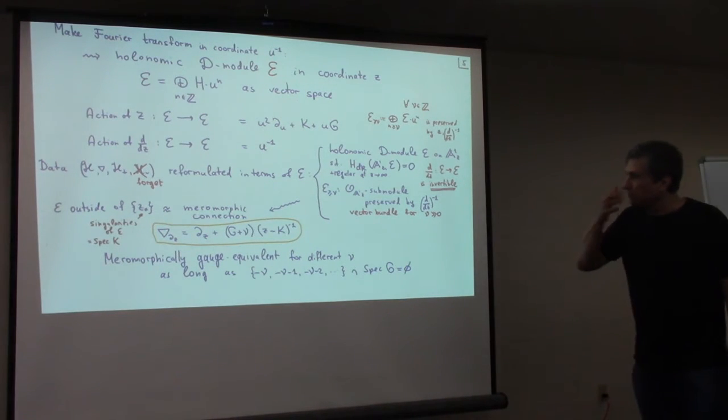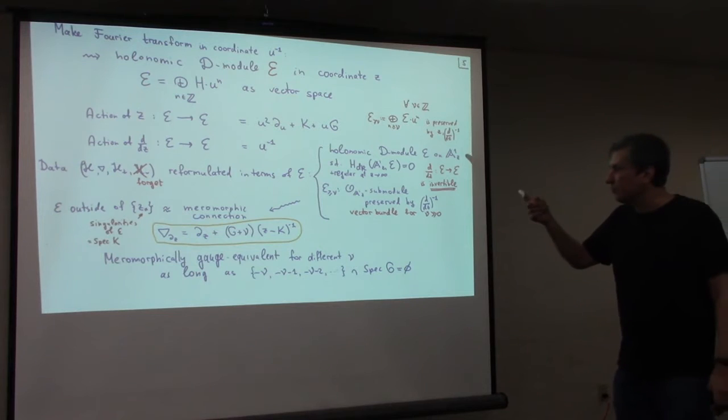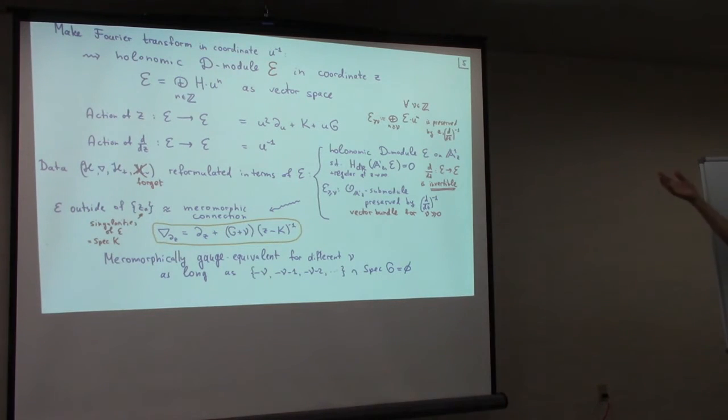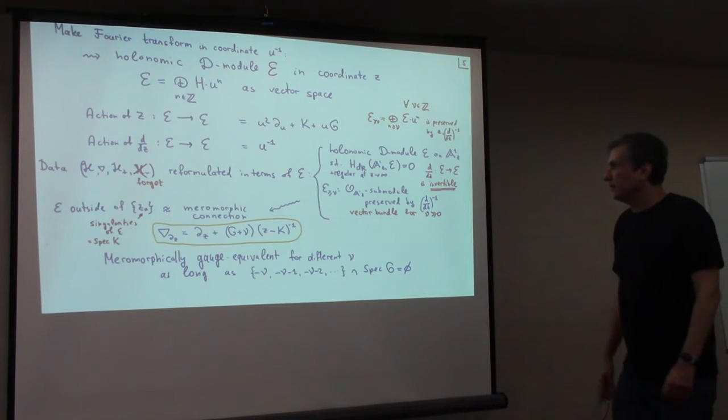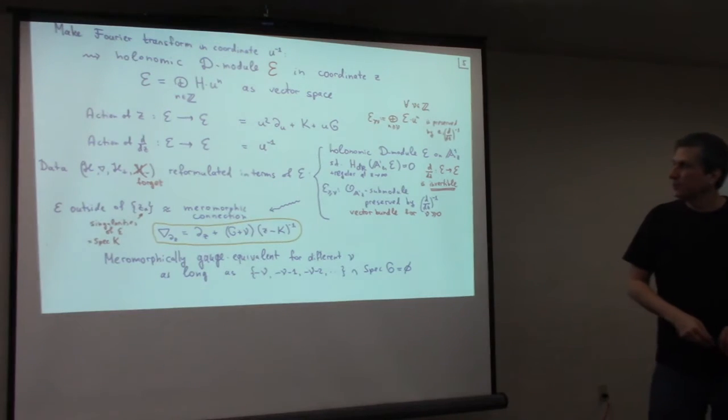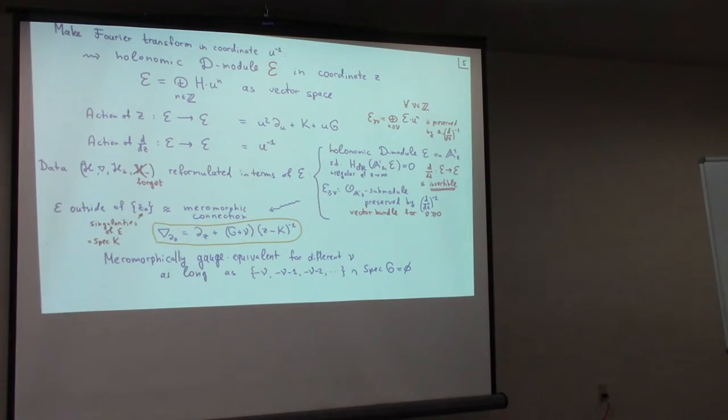You will have a meromorphic connection on this E greater than nu. It will be a bundle with some meromorphic connection, and a trivial one. And the meromorphic connection will have this form: du dz plus this g plus nu divided by z minus k inverse. So this connection depends on this parameter nu.